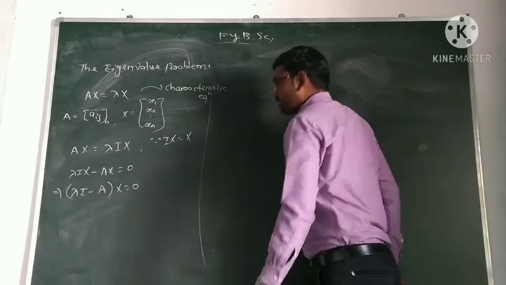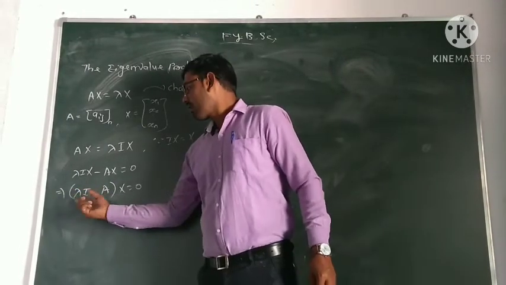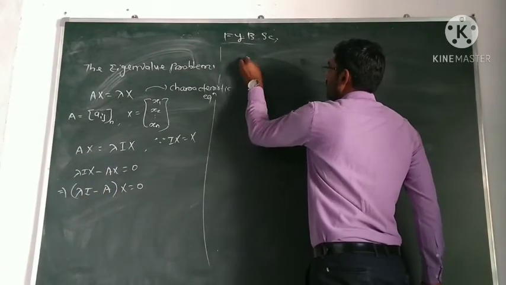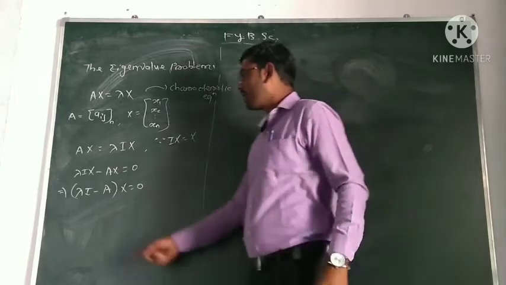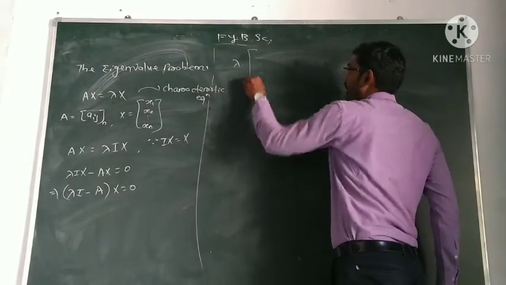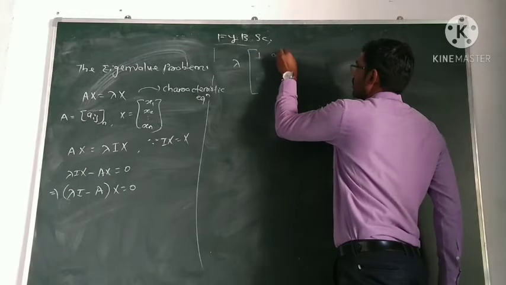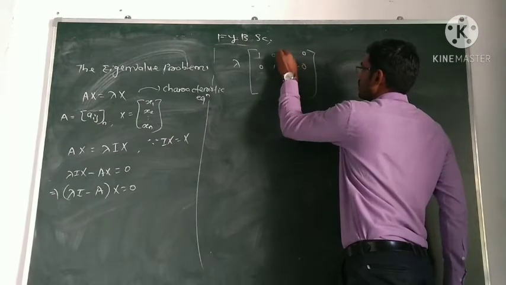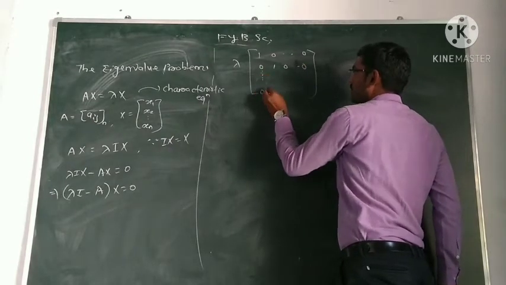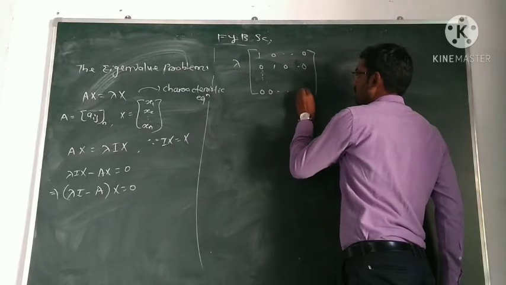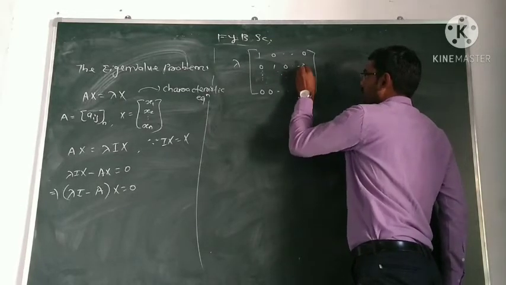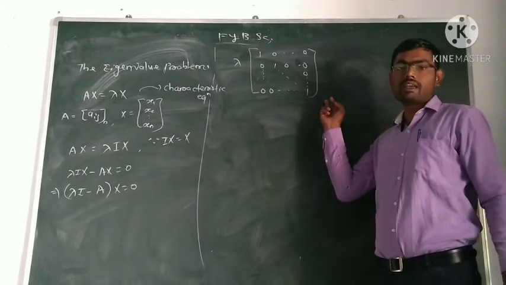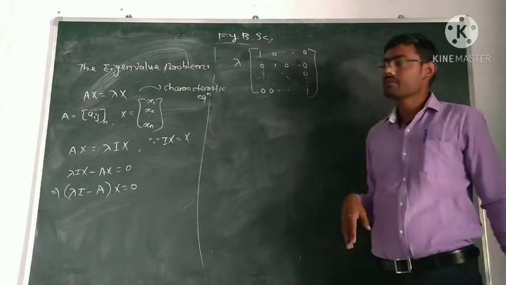Now we will put in the values of the matrices. This is lambda times the identity matrix of n by n order: 1 0 0 0, then 0 1 0 0, similarly up to 1, with zeros elsewhere. In the identity matrix only the diagonal elements are 1, all other entries are 0.